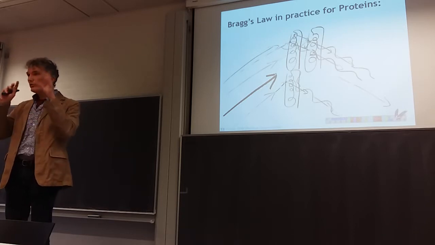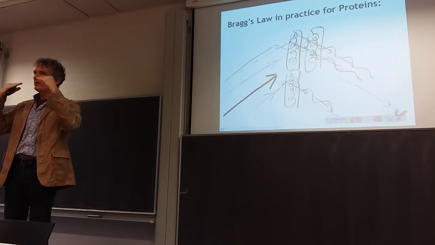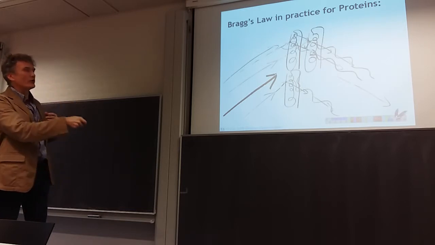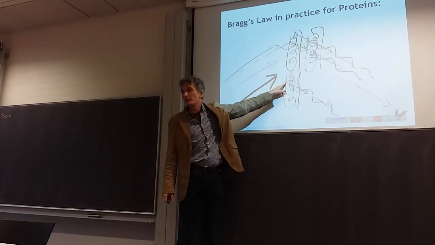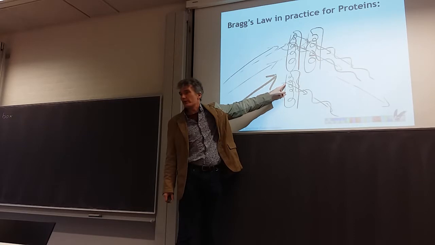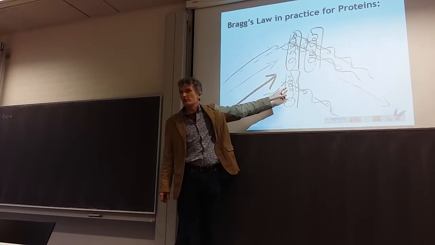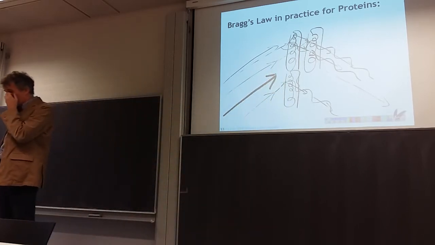Yeah? Now you can start to imagine how this is sensitive to the locations of all these atoms. And it's not just for this atom, obviously. You should draw a diagram like this for each of the 1,000 or so atoms in this protein molecule. And all that together makes up the position of these spots.